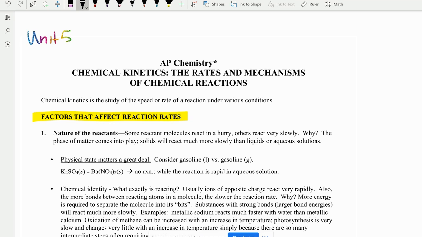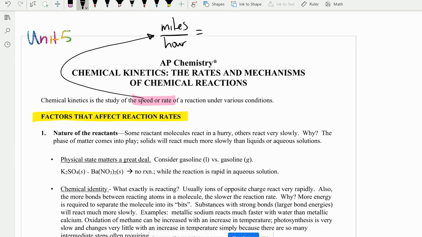So what is chemical kinetics? Chemical kinetics is the study of the speed or rate of a reaction that is occurring under certain conditions. One connection you might be aware of: when we say speed or rate, most of you that drive know that to determine how fast you are going, you look at your speedometer, and it tells you how many miles you are going per hour.